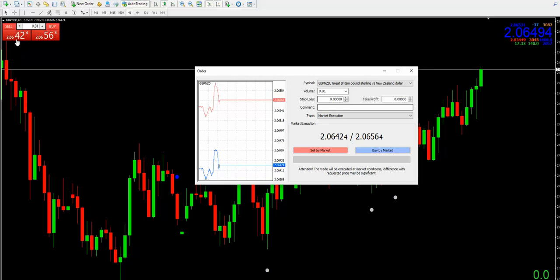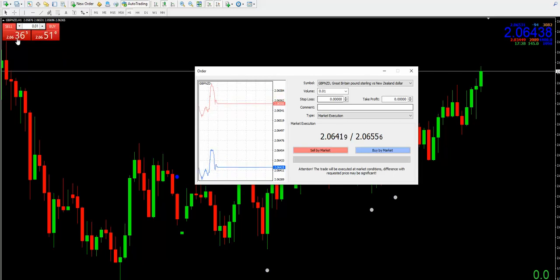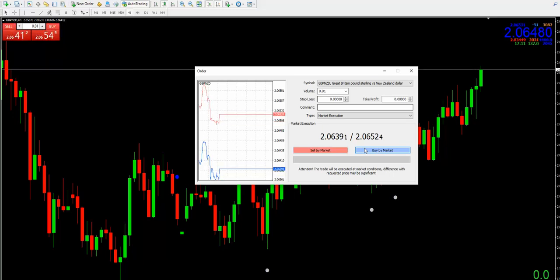For instance, currently, the bid ends with 42. Well, okay, you can see it's changing. It ends with 39 here, and here it ends with 50. If you look here as well, you'll see they are exactly the same figure. So, you basically know at which price you are entering.